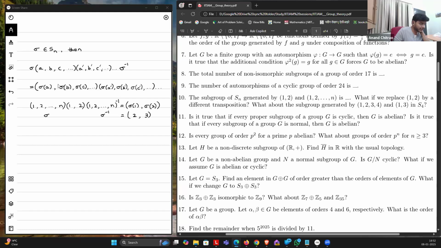If you apply a similar trick to it, what do you get? If you conjugate (1 3) by this, meaning if you compute (1 2 3 4) times (1 3) times (1 2 3 4) inverse, what do you get? You get (2 4).